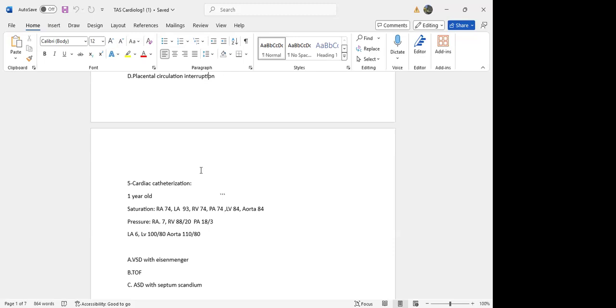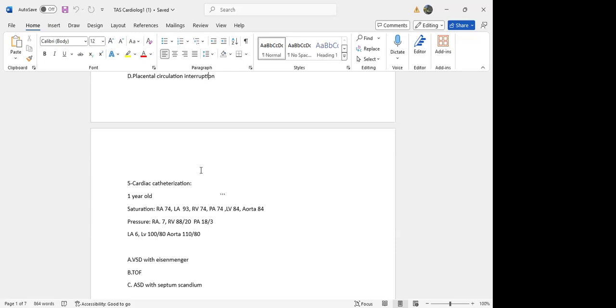So in the left ventricle it went from 93 to 84, meaning something is wrong in the left ventricle, and the PA is also 74. Then if we go to pressures, right atrium 7, right ventricle 88, meaning again the pressure in the right ventricle is rising and the pressure in the PA is decreasing. Means VSD, and along with VSD this is a cyanotic heart disease, so the pressure inside the PA was also decreasing and it became 18, so we can call this pulmonary stenosis.